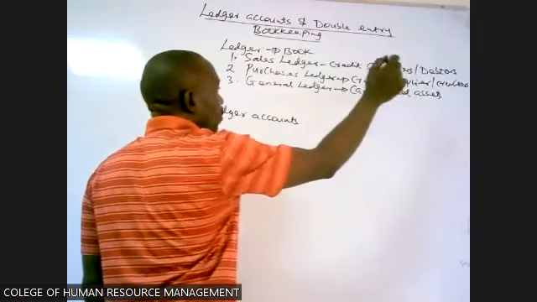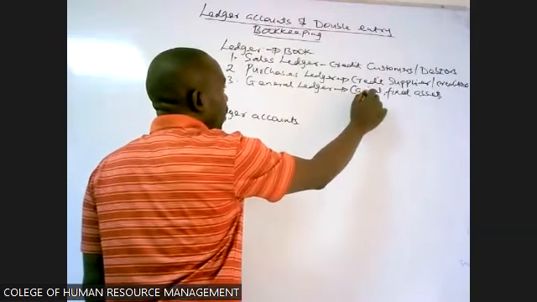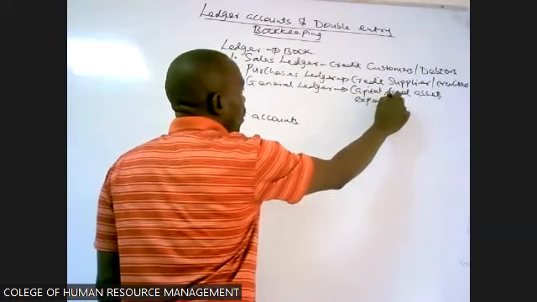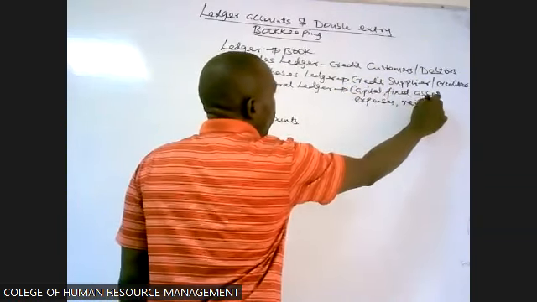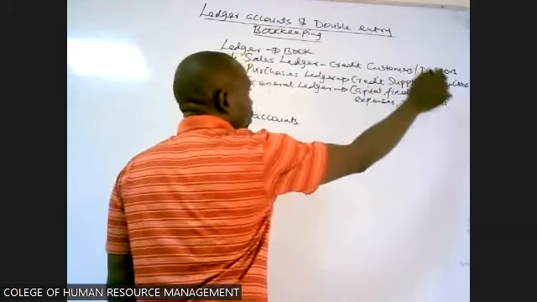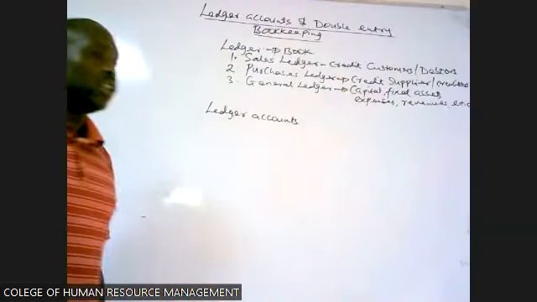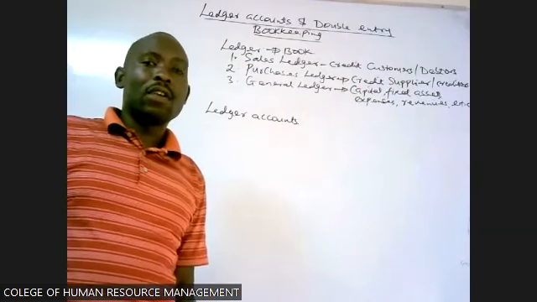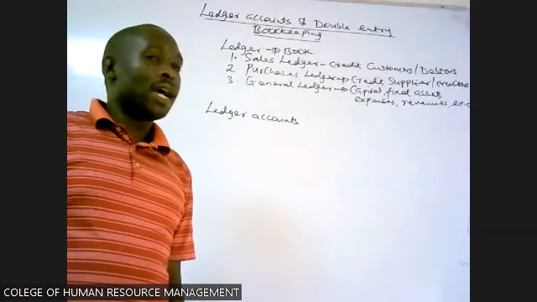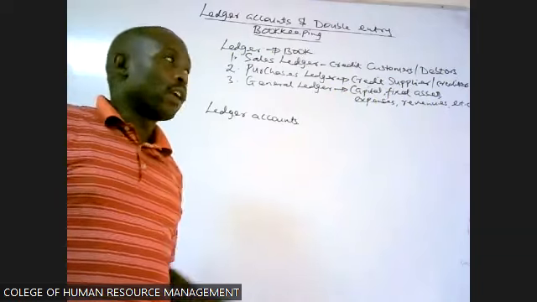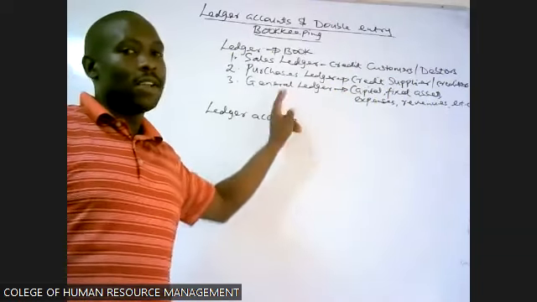We record items related to expenses, revenues, etc. All those other accounts which are not related to credit customers or credit suppliers are going to be maintained in the general ledger.